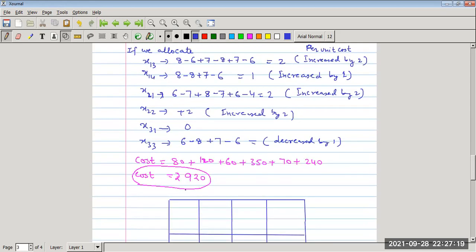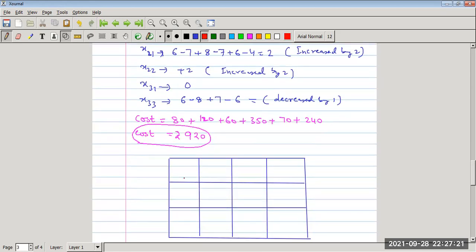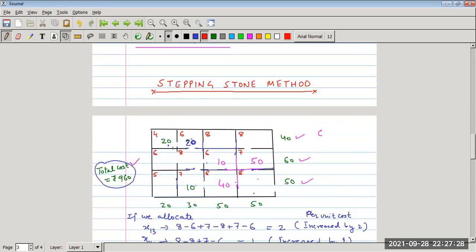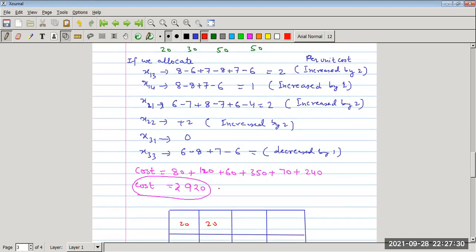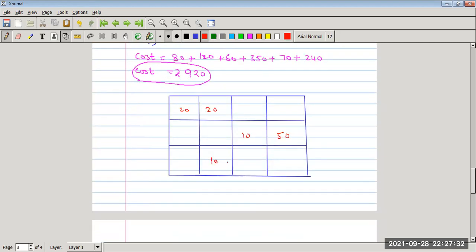20, 20, 10, 50, 10, 40, 40, 60, 50, 20, 30, 50, 50.